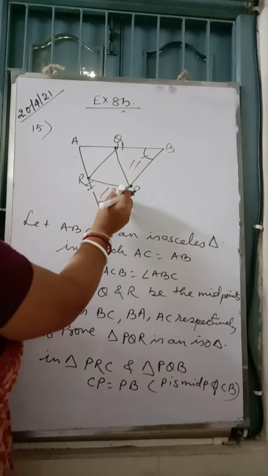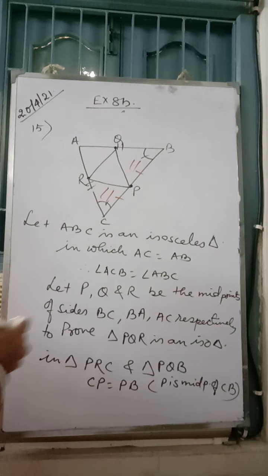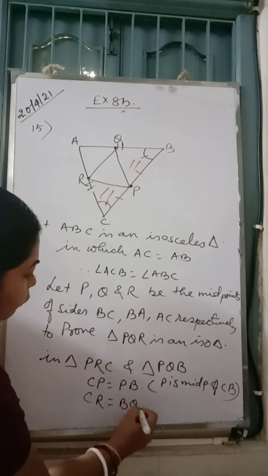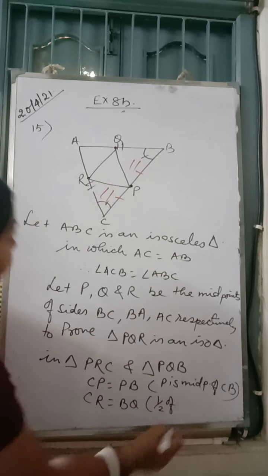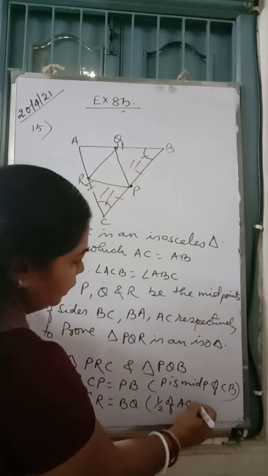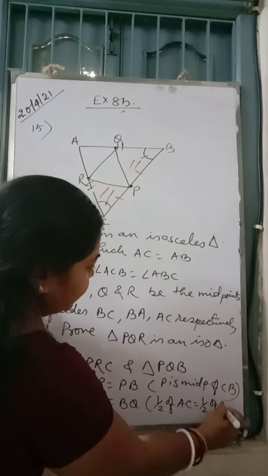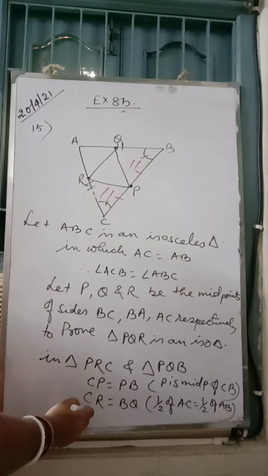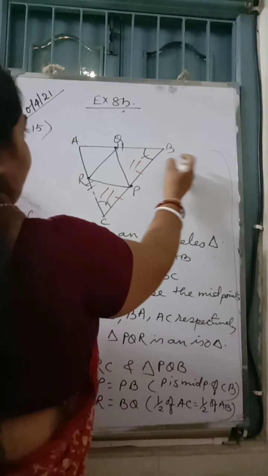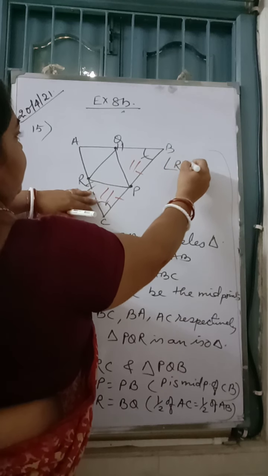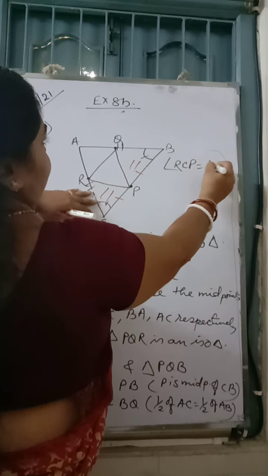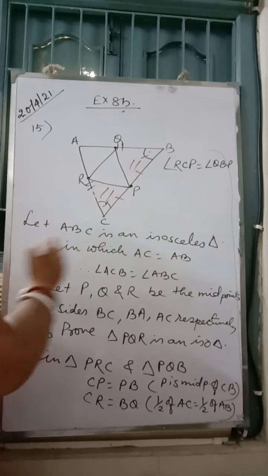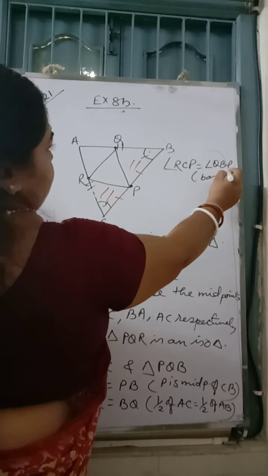So if it is the midpoint, these two sides would be equal. Now similarly, CR would be equal to BQ. Why? Half of AC is equal to half of AB, as AC and AB were equal. So this side and this side will be equal. Then angle RCP is equal to angle QBP. Already I have proved, na? These two are the base angles.